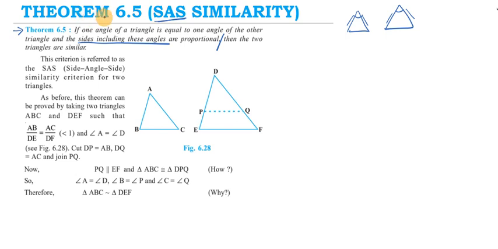So this is going to be the given data. All these are given and this is what we have to prove. We are going to take two triangles ABC and DEF. We will have to prove that they both are similar, provided we know AB by DE will be equal to AC by DF.